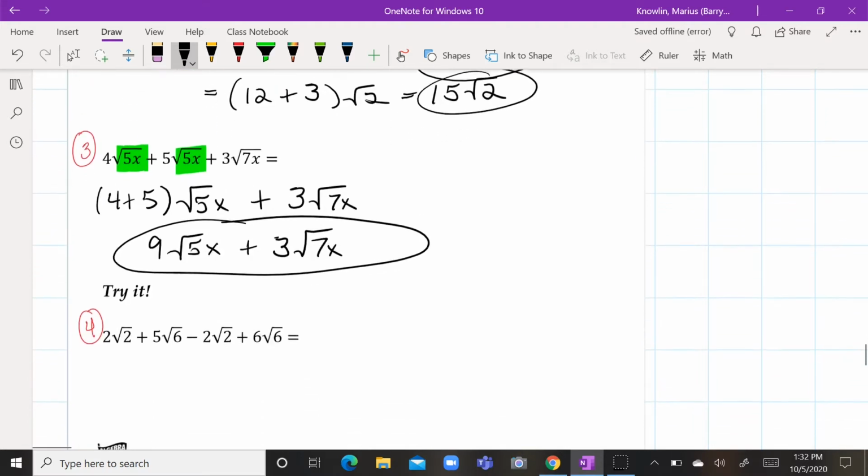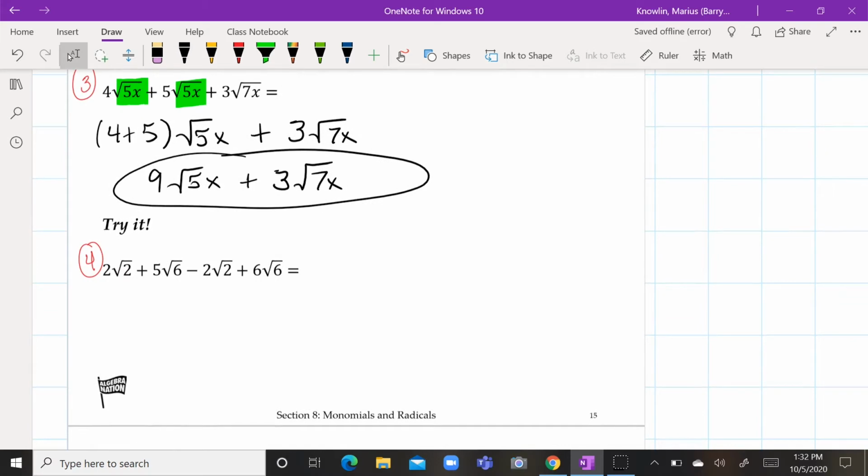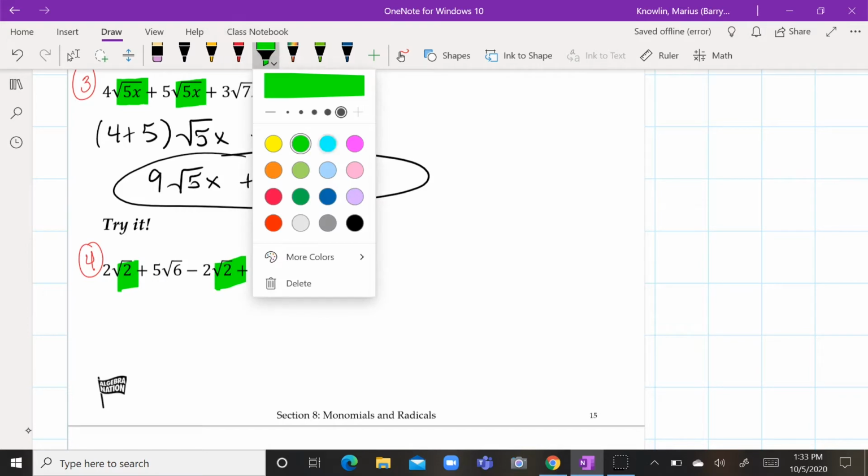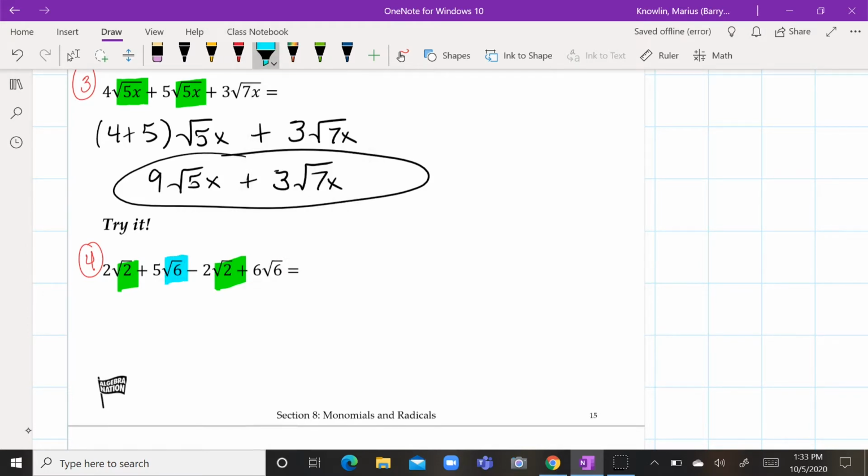Alright, let's try another one right here. Once again, we're looking for the ones that have similar radicals. So square root of 2, square root of 2, and then we have another one that's square root of 6 and square root of 6. Let's group the green ones together. That's going to be 2 minus 2 square root 2 plus 5 plus 6 square root 6.